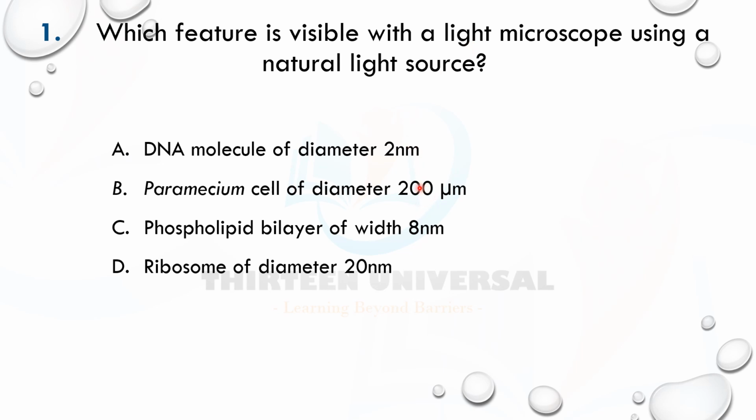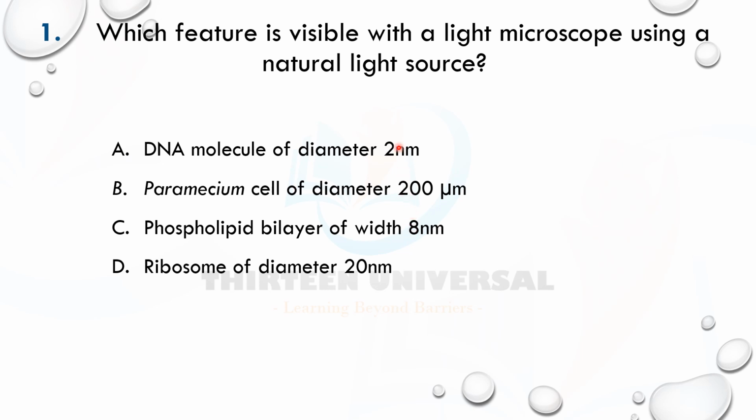Because if the size of a structure is below 200 nanometers, it is too small to interfere with light radiation, so you can't see it.